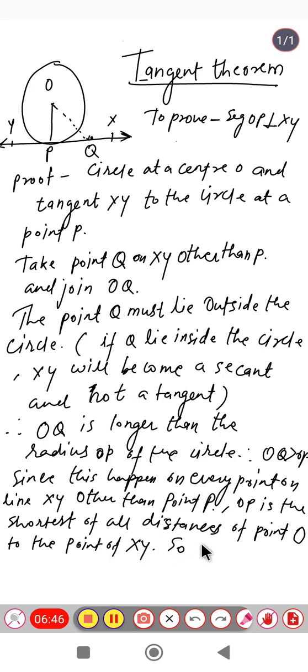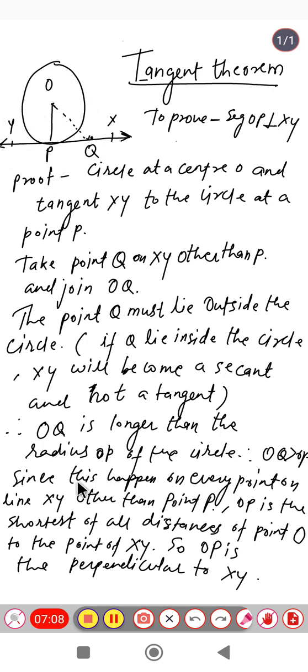So OP is perpendicular to XY, as you can see in the given theorem.